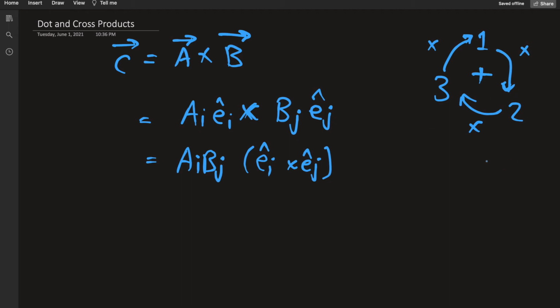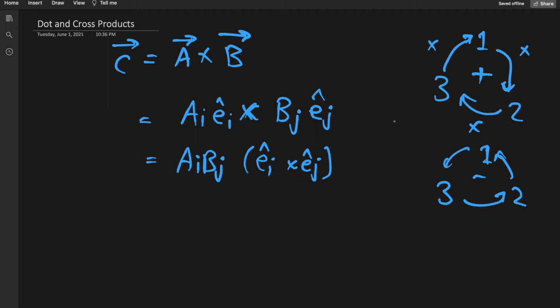But if you're in the opposite direction, you get a negative sign. And these numbers 1, 2, 3, I'm trying to represent the subscripts of these basis vectors.